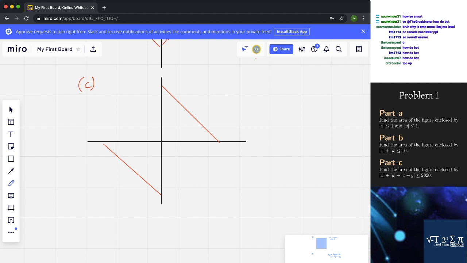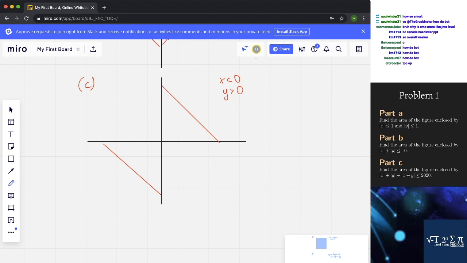Well, obviously the second and fourth quadrants are just mirrors of each other, so we're going to assume that x is less than 0 and y is greater than 0. Obviously the equalities can hold, but those are not very important.